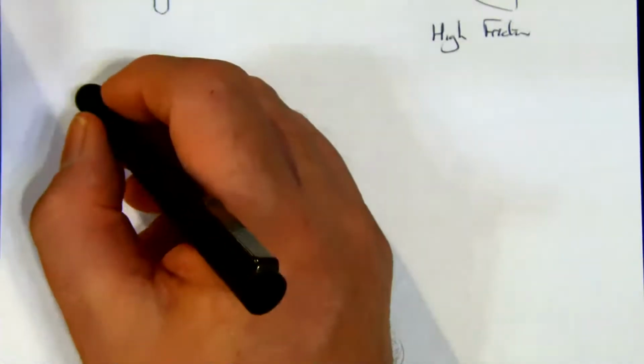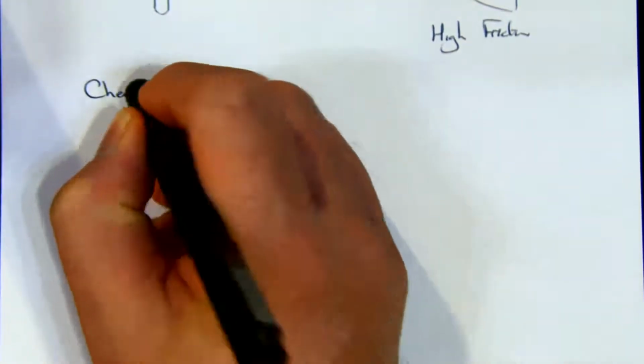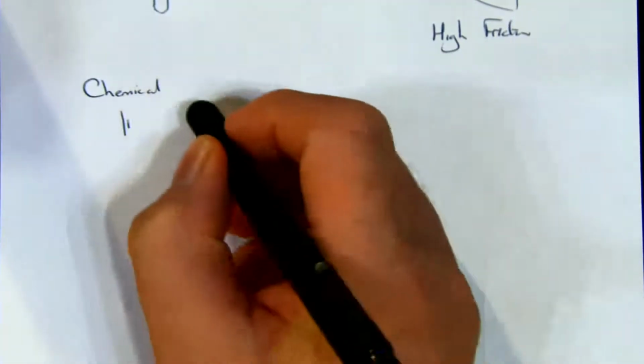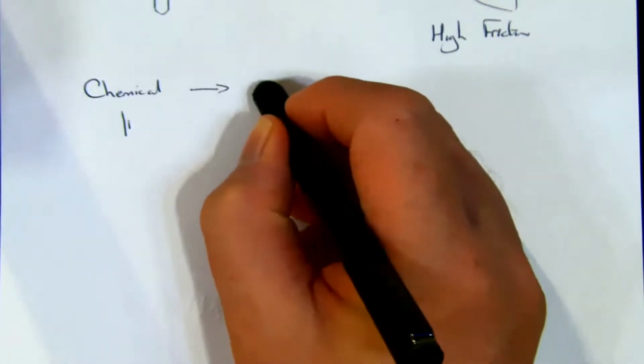We start off with rather concentrated energy. I've got energy that's concentrated perhaps in a chemical, in a battery, for instance. This is converted into electrical energy.